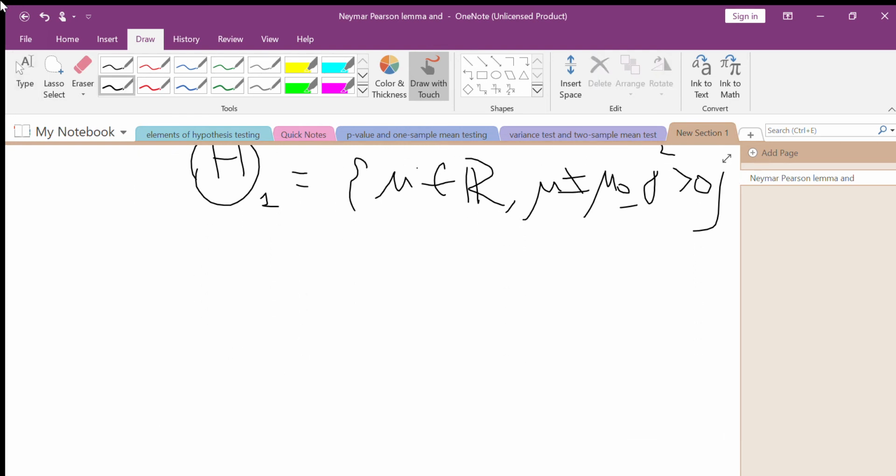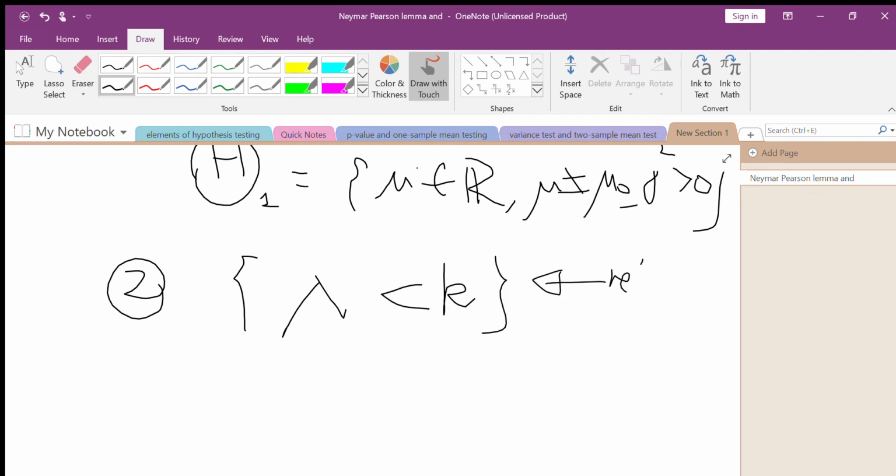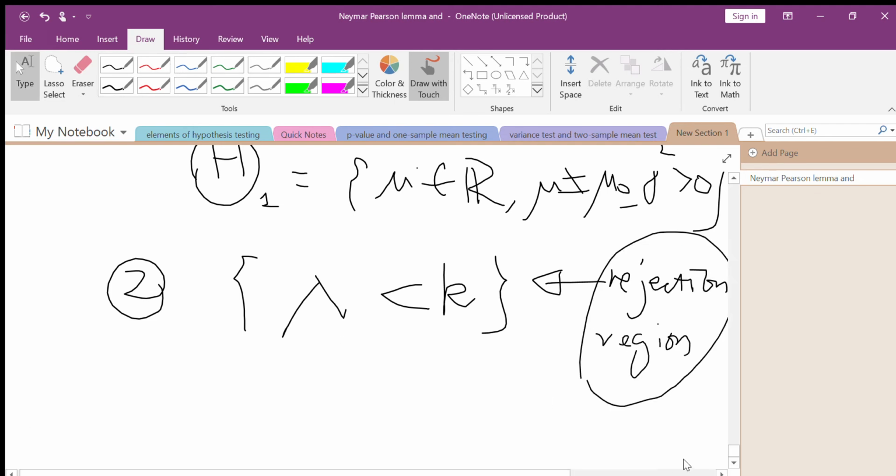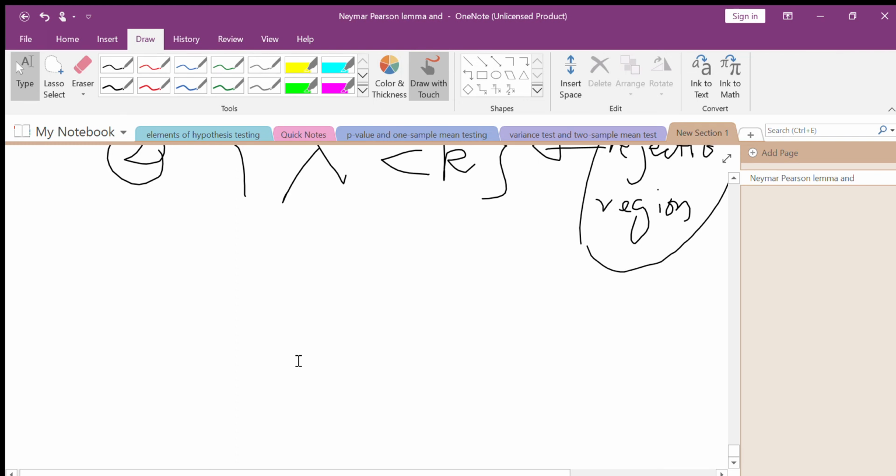Okay, then let's write capital lambda. The second step is we write the rejection region. This is the rejection region form. We write the rejection region in this form, so we have to find what capital lambda is.